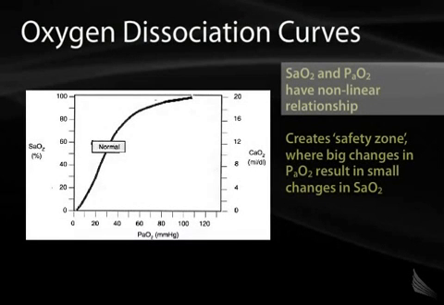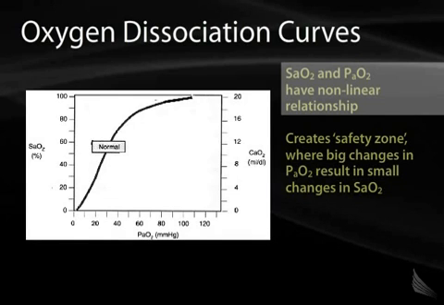You've probably seen the oxygen dissociation curves before. This is often tested on in physiology examples. I both like these and don't like these. It's a little bit artificial, but I think it's worth spending some time going through.